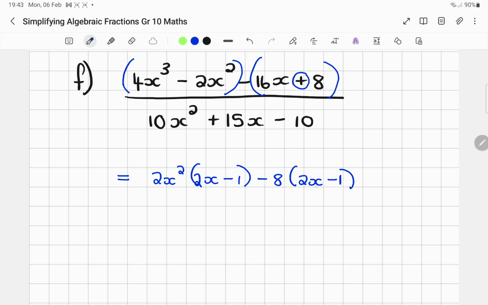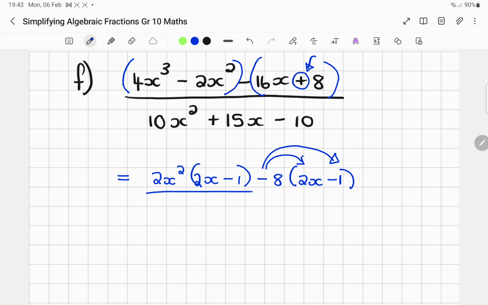Minus 8 times 2x, if you had to distribute this back in, is minus 16x, and a negative times a negative is a positive, 8 times 1 is 8. So remember, if you put brackets around, it is very important to change that sign over there.